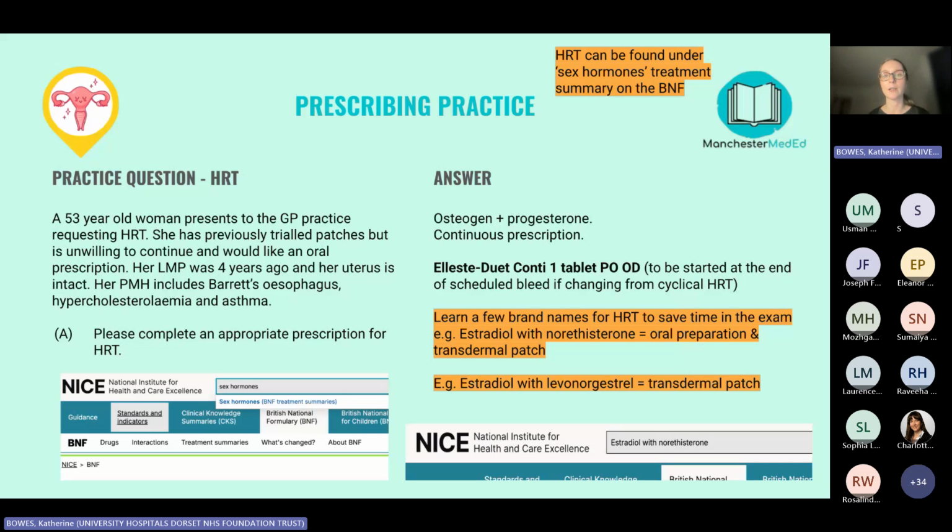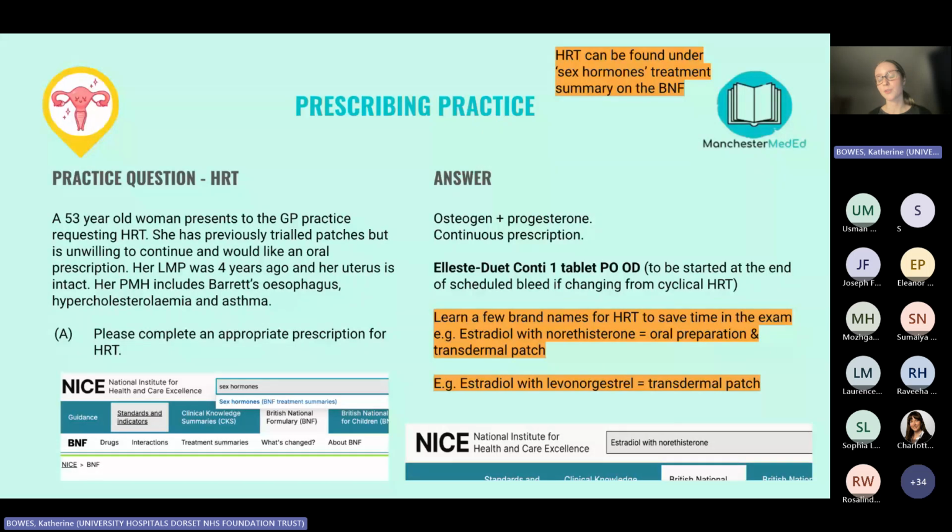If this lady was younger, say 41, and she'd entered premature menopause, then I would be checking to see that her last menstrual period was over 2 years ago to be able to give that continuous HRT preparation. So that's how we've got to the answer here. I've chosen a Lest Duet Conti 1 tablet, which is just one of the many things you could have prescribed.